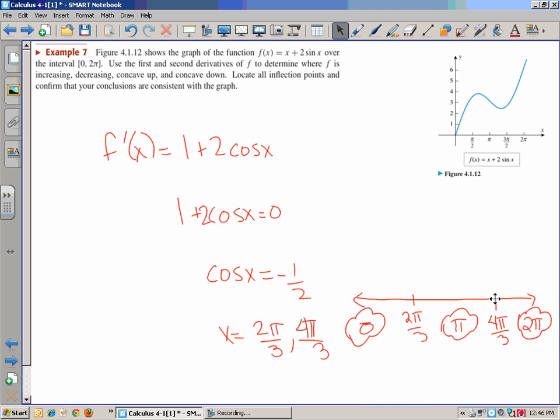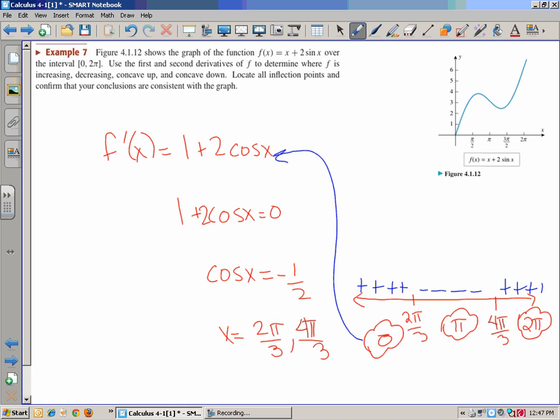And now I'm going to do my first derivative test. So I want to take my 0, and plug it back into my derivative. And the cosine of 0 is 1, so this is going to be positive. Plug in pi. The cosine of pi is negative, so this is going to be negative. And the cosine of 2 pi is positive. This will be positive.